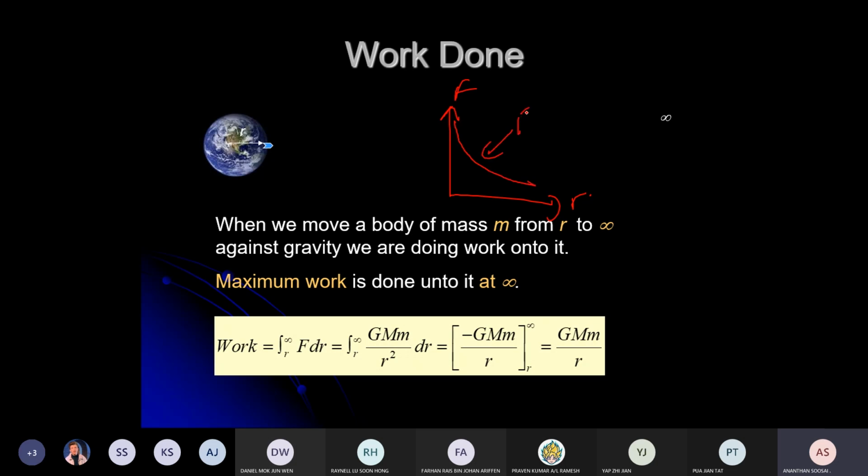Because the force is actually GMm over r squared, and the force drops. If you move from r to infinity, the area under the graph here is the integration of r to infinity F dr. That's what is written here, r to infinity.